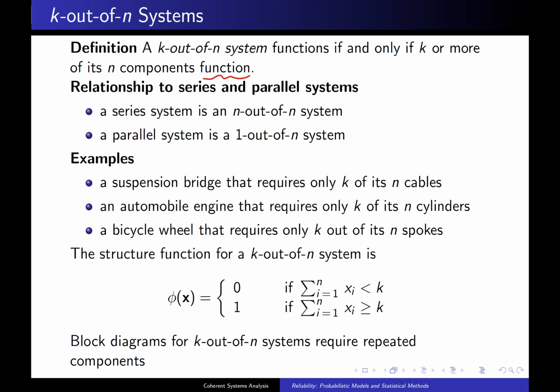The word function at the end of that definition could have been failed, so you have really two different types of K out of N systems. So let me go ahead and write two that you will see in the literature.